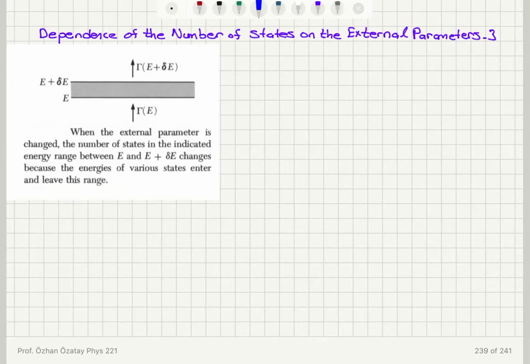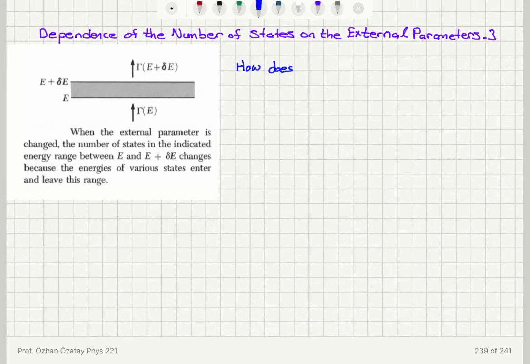Now we will answer the question: how does the number of accessible states change when the external parameter x changes by an amount dx? So this is the question we would like to answer.